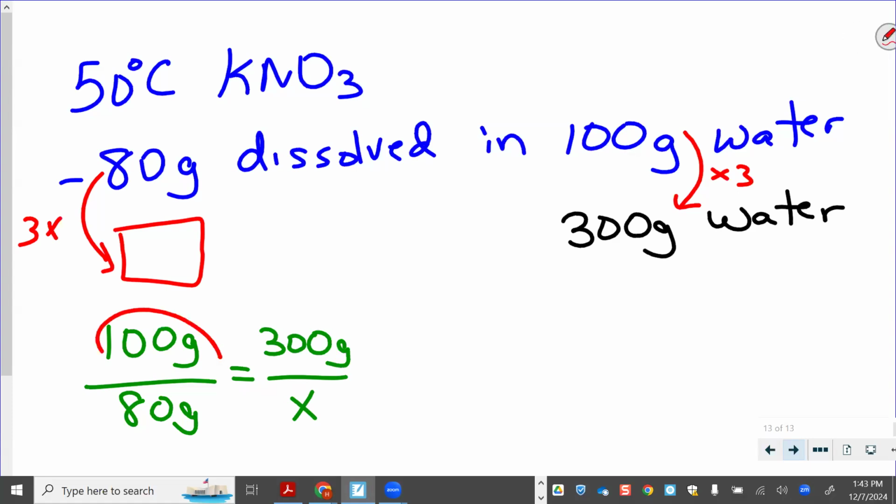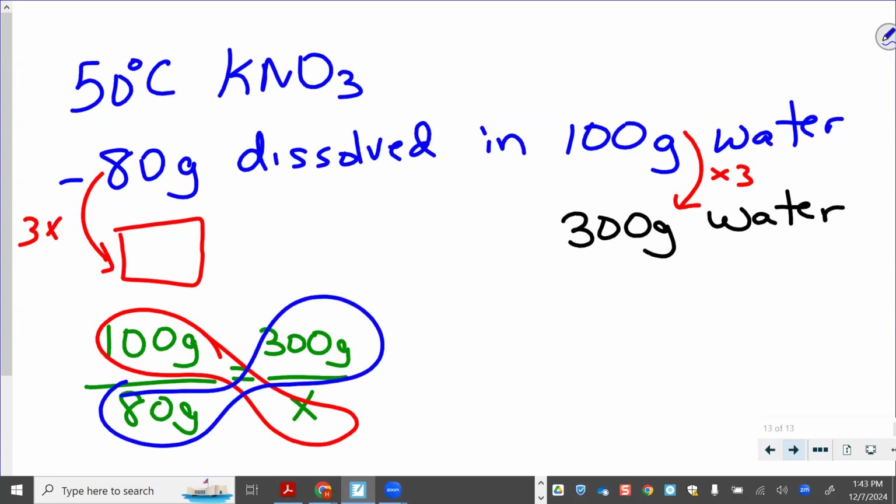As some of you have told me, I'm going to cross multiply or do the butterfly. So this looks like 100 times x is equal to 300 times 80.